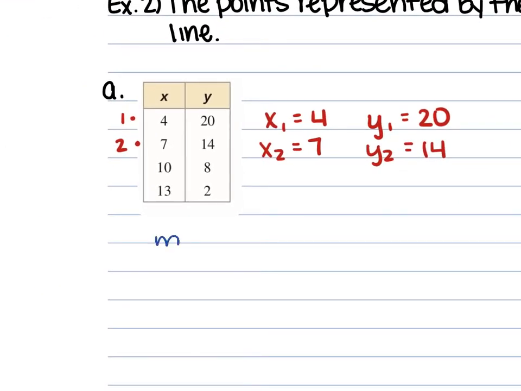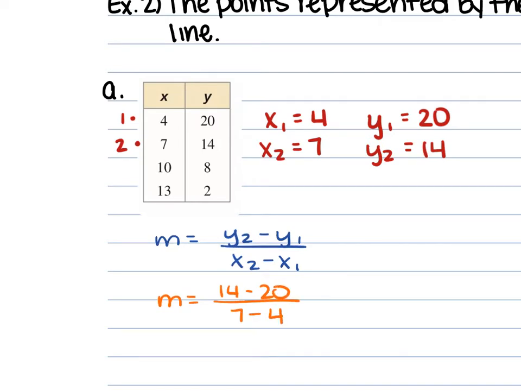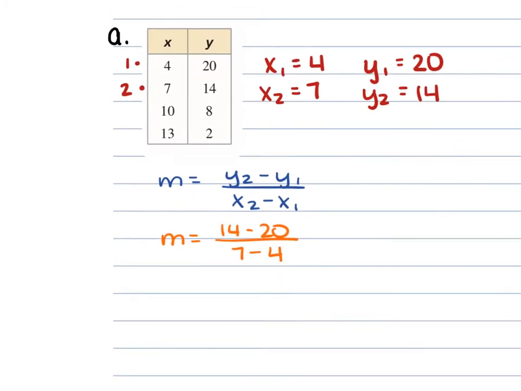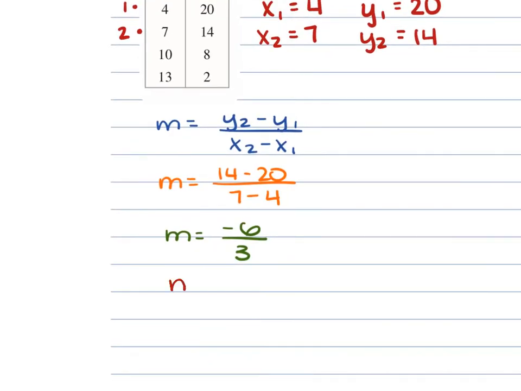So I'm going to have m is equal to y2 minus y1 over x2 minus x1. I plug these values in. So I'm going to have 14 minus 20 over 7 minus 4. The 14 minus 20 gives me negative 6. The 7 minus 4 gives me 3. So I just simplify this, and I get that my slope is negative 2.